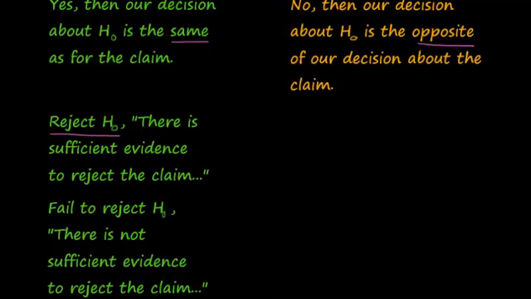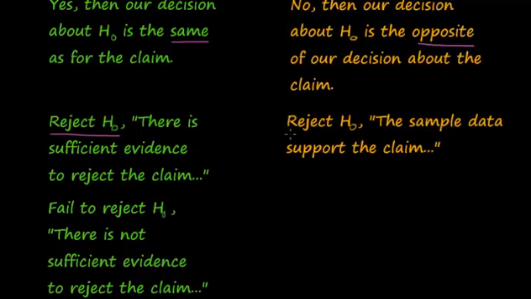If we say no, and we decide to reject H0, then the sample data support the claim because our decisions are opposites. They do not correspond. So rejecting the null hypothesis is actually having evidence to support the claim since they do not correspond.